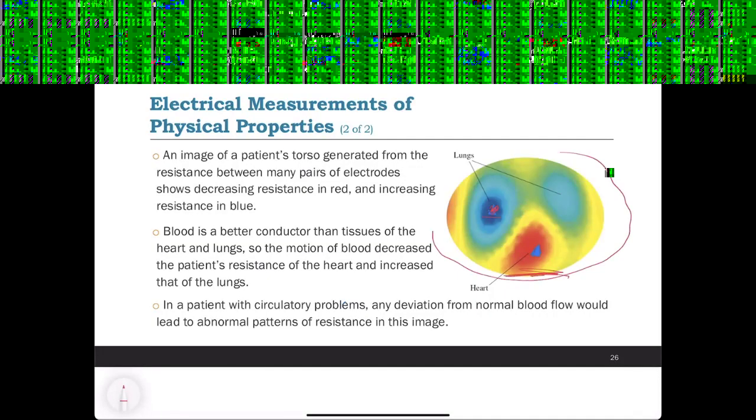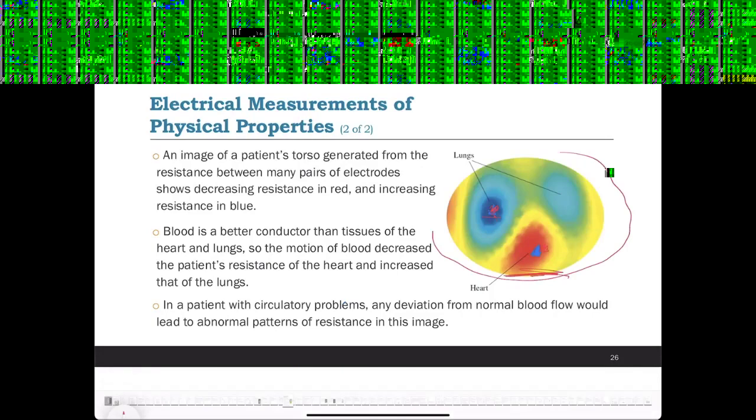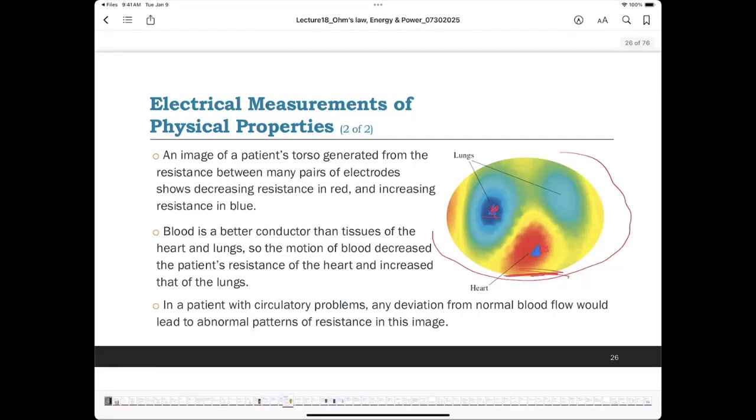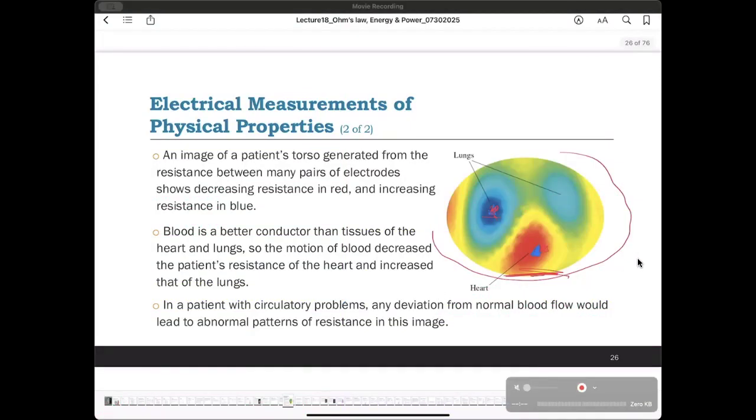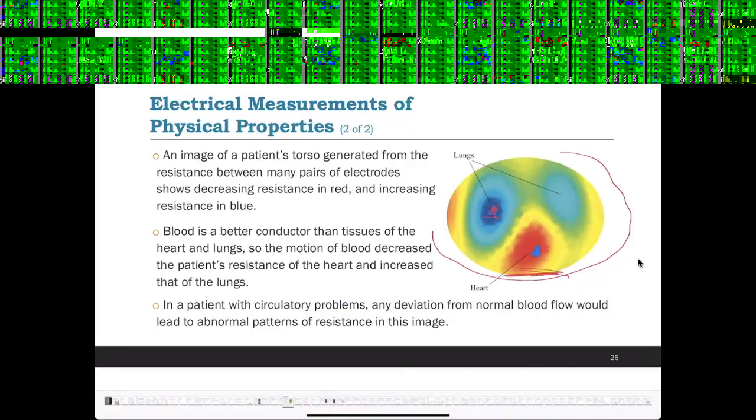For example, here maybe it has a higher resistance, and here a lower resistance. That makes sense to you? Okay, this is an application of resistance in our human body.